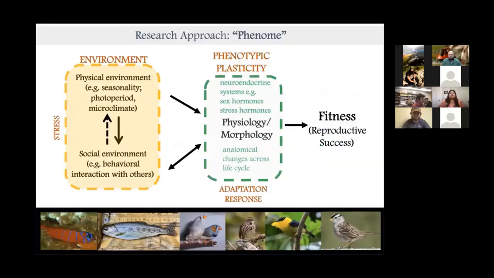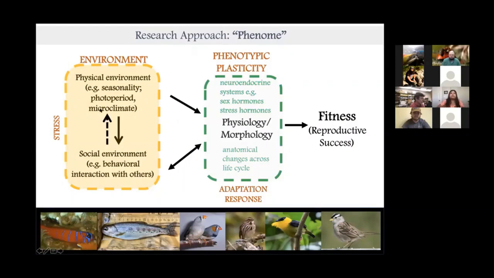So to illustrate this a little bit, we're looking at the effects of the environment. The effects of the environment can be a physical environment, such as changes in seasons or temperature. And then the social environment is to do with behavioral interactions with other members of the same species.